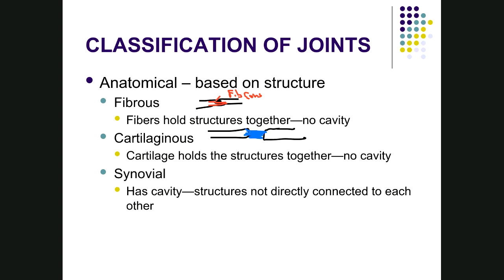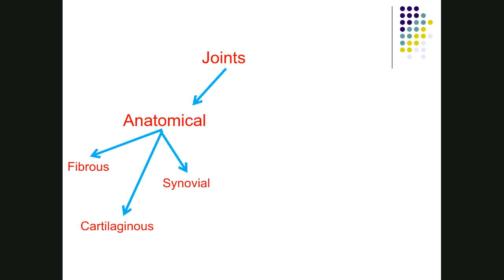Here's one bone here, and there's not another bone till over here somewhere, and there's a space between them, a cavity. When you have this cavity, it gives you a lot more mobility. But look, there's something protecting the joint. There's something holding it close together, but the bones don't actually touch. There's a space, a cavity in between. So let's look at these three types of joints: fibrous, cartilaginous, and synovial.